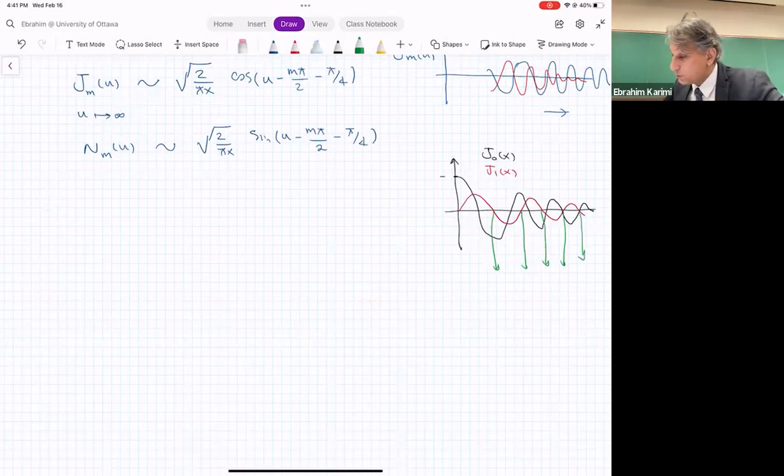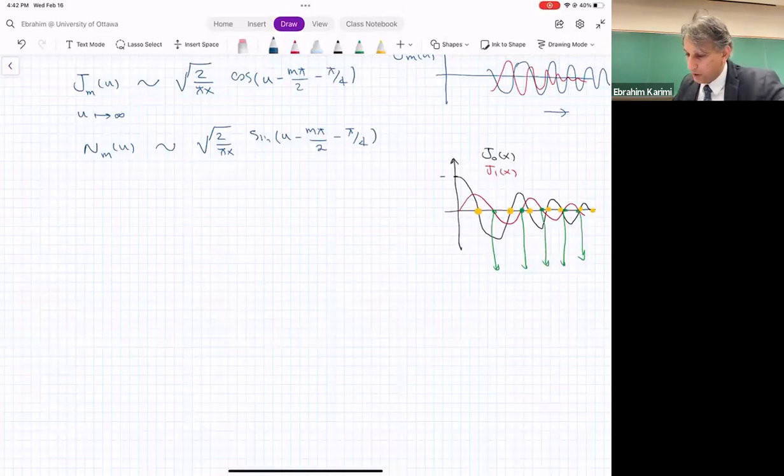Those points we call the zeros of Bessel functions, and any Bessel function has its own zeros. Those points, orange or green, are the zeros of the Bessel function, the places where the value of the Bessel function is equal to 0.